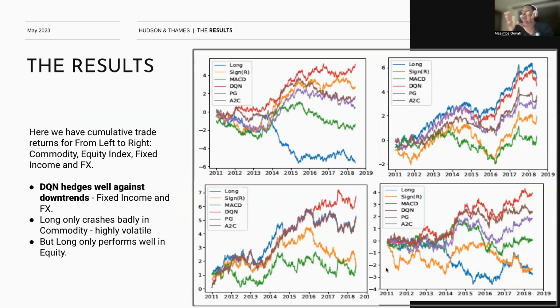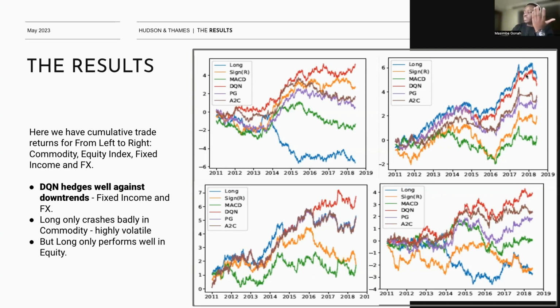And then we look at the results. Now, the results, at first, they seem a bit surprising. Like, for instance, you're looking at, from top to bottom, your commodity, equity, fixed income, and then your forex. Now, like I said, they may seem surprising when you look at, for example, the equity index, which is this one on the right, and you see that the long only strategy is the one that actually outperformed the others.